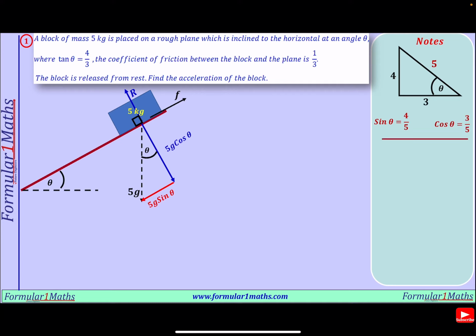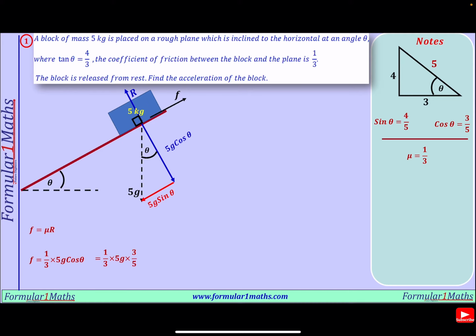We also know that mu is 1/3. F is equal to mu times R. But because the block is not flying off the plane or moving through the plane, we can say that R is equal to 5g cos theta, since they act in opposite directions.